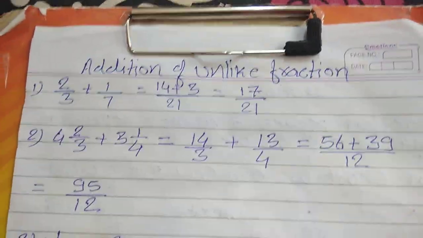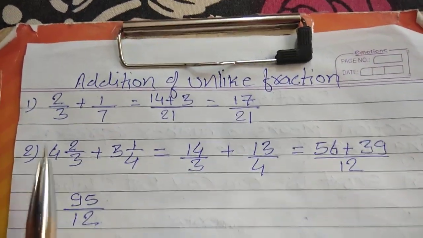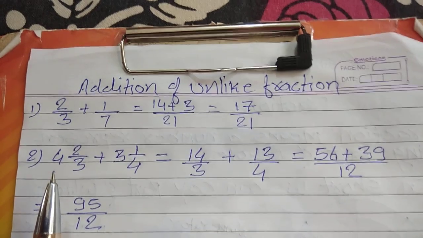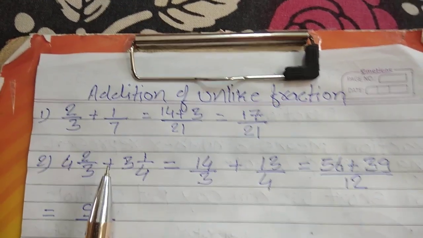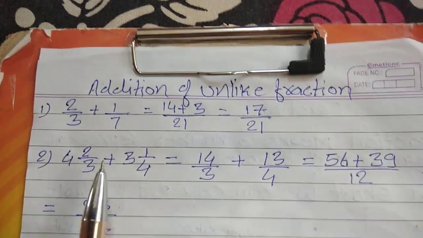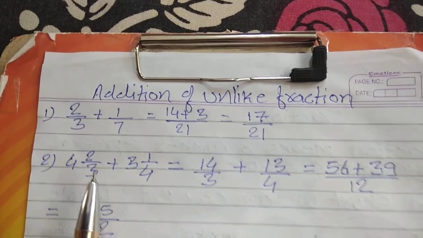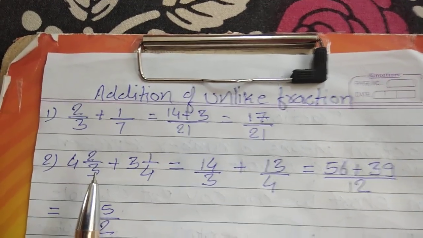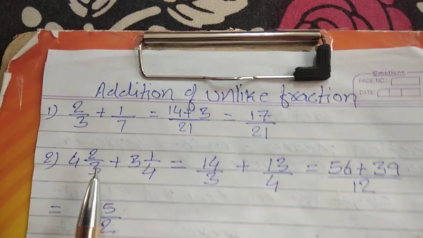Now we will see a second example. You will understand it easily now. Here I have taken a mixed fraction. When a mixed fraction is given, what to do now? See, here I have taken 4 2 upon 3 plus 3 1 upon 4. First, you have to convert the mixed fraction into a fraction. How to convert? This denominator multiply with this whole number. So 4 3s are 12.